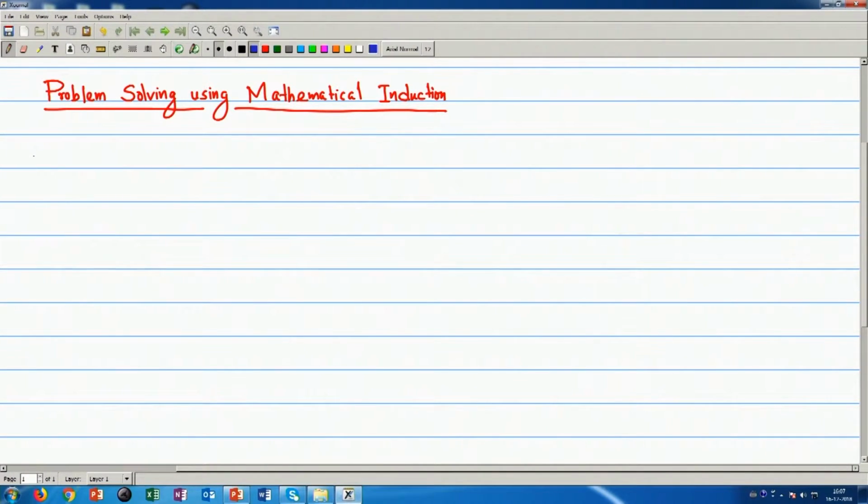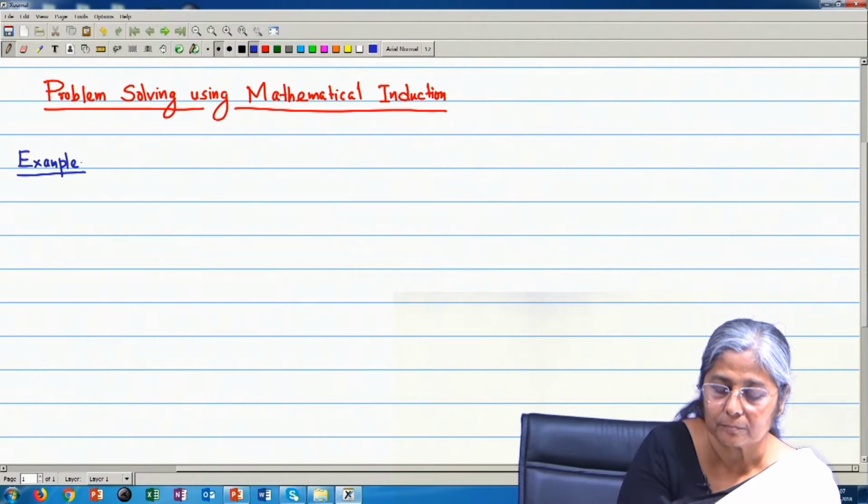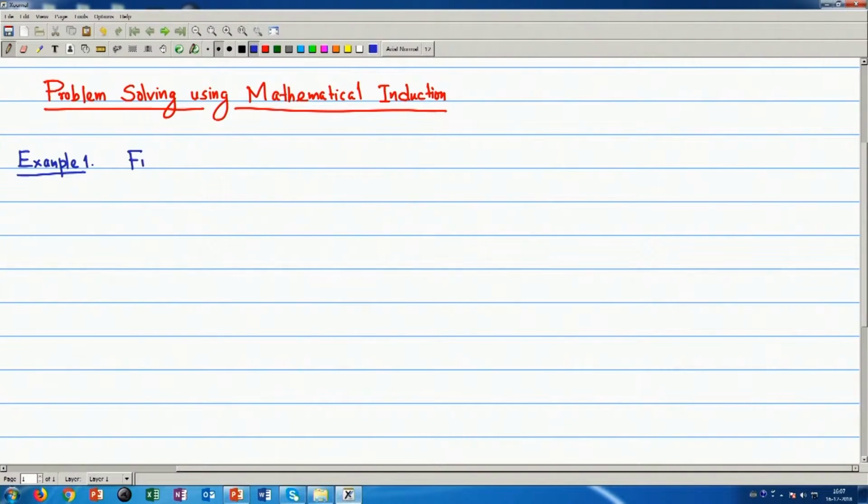Find the sum of n consecutive odd integers.